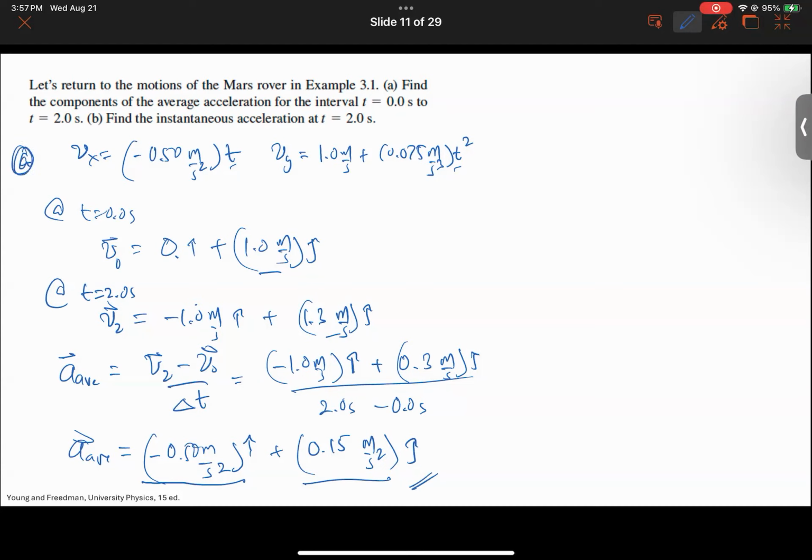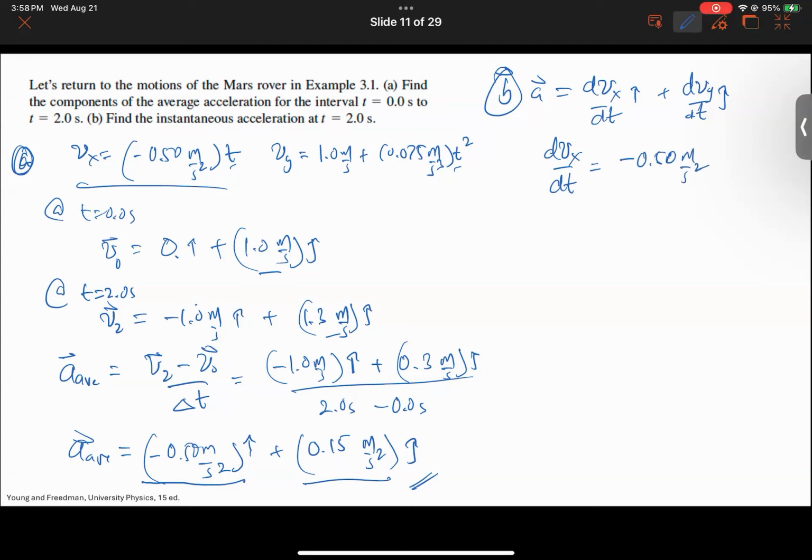Letter B, find the instantaneous acceleration at t equals 2 seconds. Okay, so the instantaneous acceleration is computed from dvx/dt i hat plus dvy/dt j hat. Now, Vx has this expression, so yung derivative ng Vx with respect to time is negative 0.50 meters per second squared.